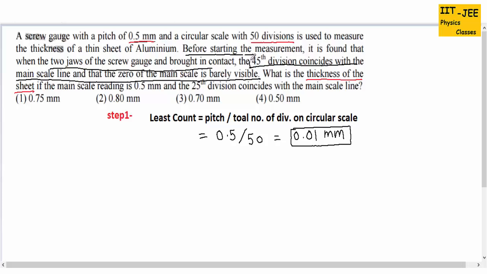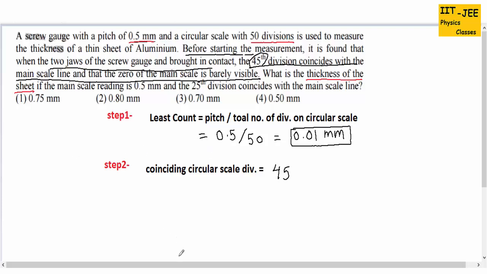So the coinciding circular scale division given here is the 45th. So as step 2 we will find the zero error. Now we have to find if this is a positive zero error or a negative zero error, because for both cases we have to do different kinds of calculations.